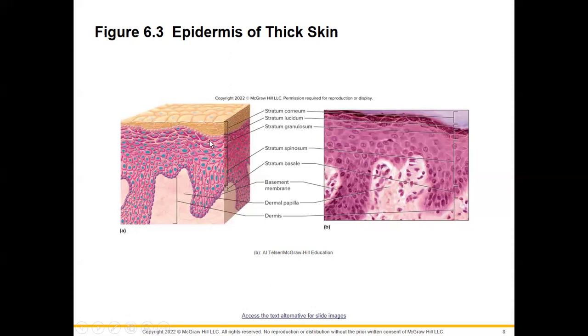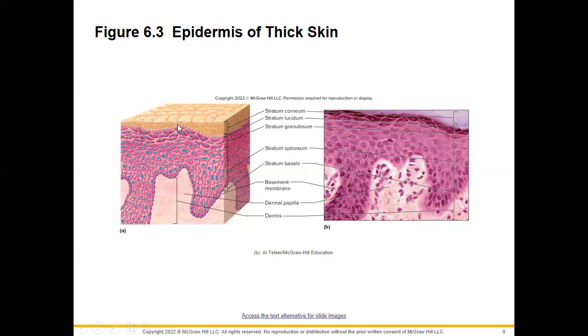Superficial to that, you have your stratum granulosum. On these images, you can start to see these cells looking a little bit darker. That would show you the grains of keratin. Superficial to that, if this is located in the palms and soles, if this is thick skin, you have your stratum lucidum.